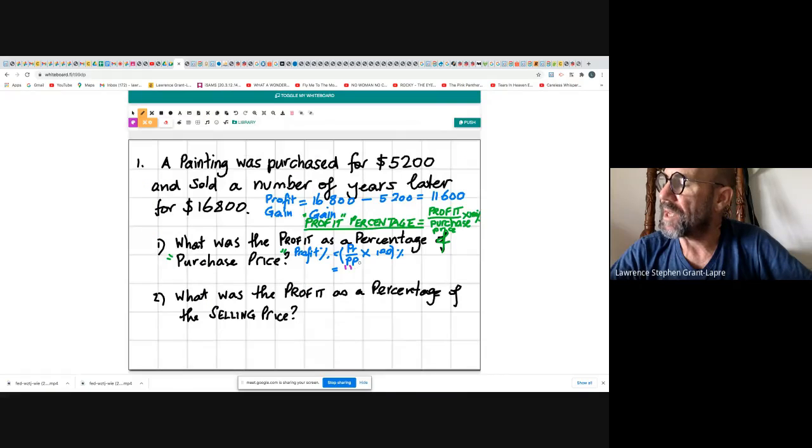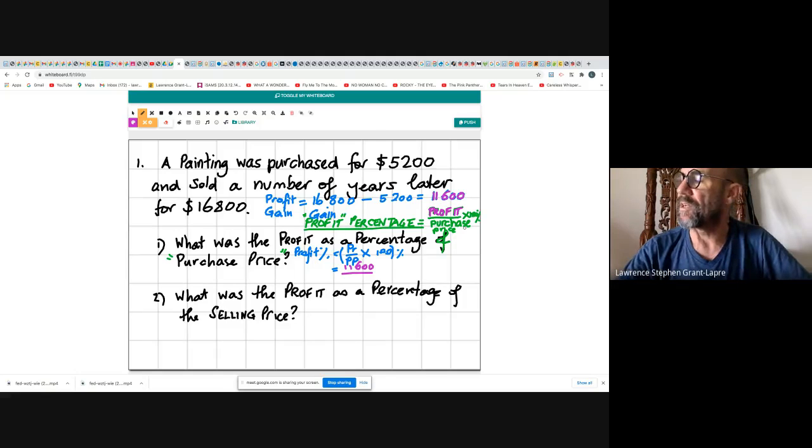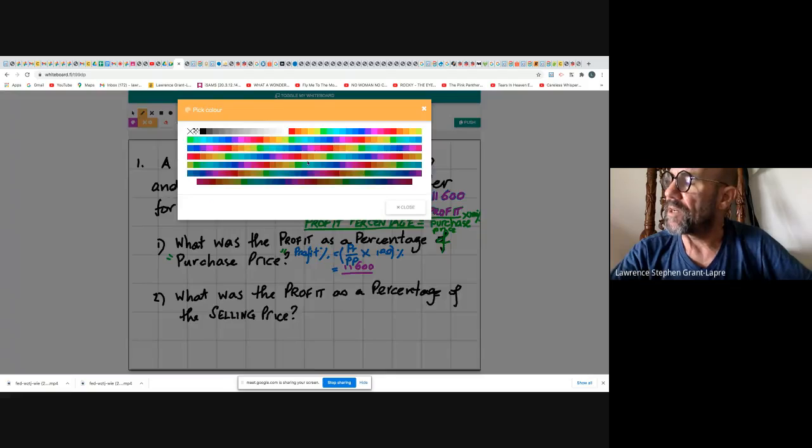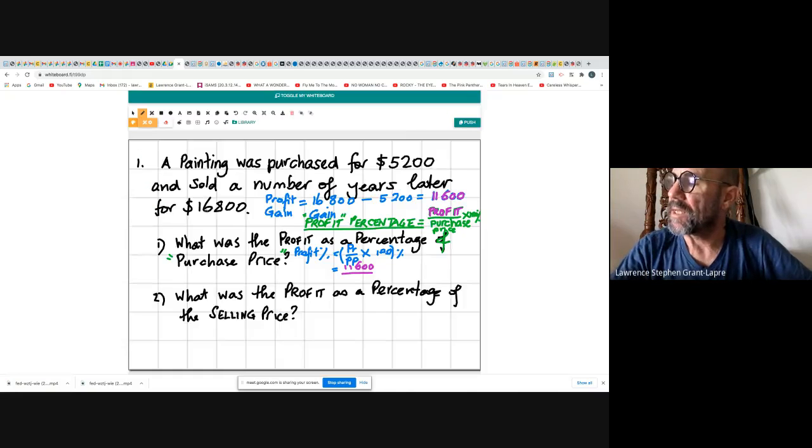So 11,600 is the profit. That number goes on the top of the fraction. The purchase price, which is going on the denominator, is, get a nice color here, 16,800.